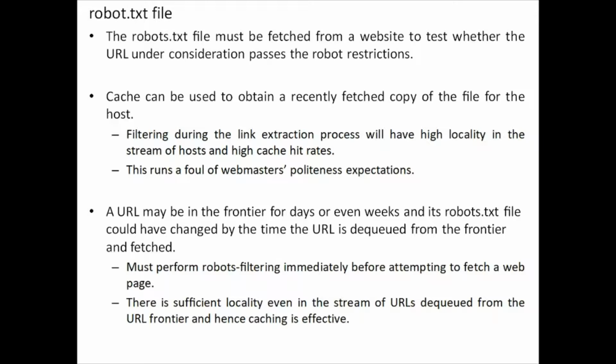As it turns out, maintaining a cache of the robots.txt file is still highly effective. There is sufficient locality even in the stream of URLs dequeued from the URL frontier, and hence caching is effective.